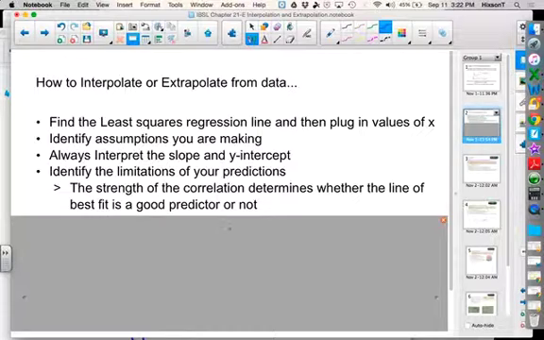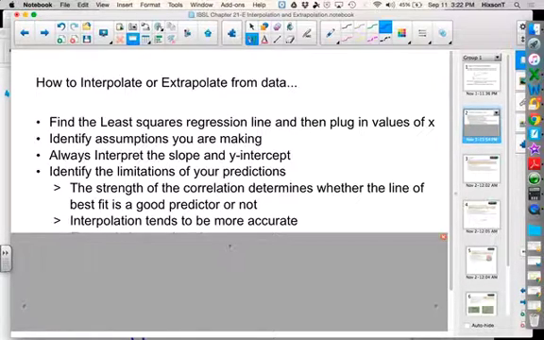If you have a weak correlation, the line of best fit is not going to be a really reliable predictor. Even if it is statistically significant, it may not be a great predictor of that dependent variable.